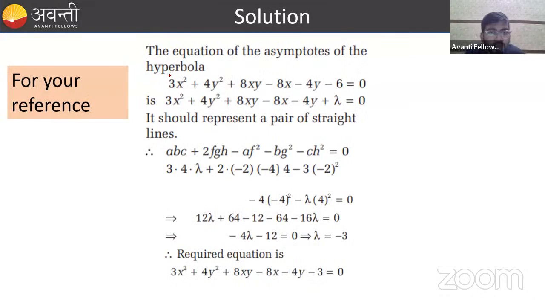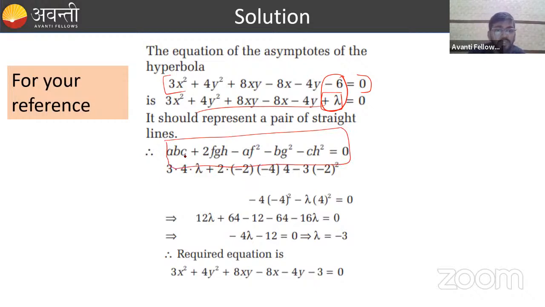Let's check. See, first of all, this is the only difference, right? The constant is only differing, everything else is the same. Now it should represent a pair of straight lines. So the condition for the pair of straight lines, if you guys remember, was abc plus 2fgh. This was also written in determinant form. So you need to remember the variables in determinant form.